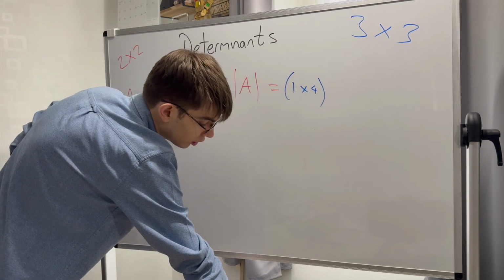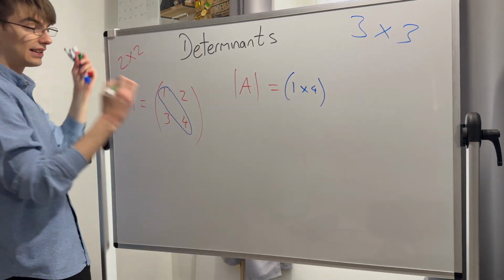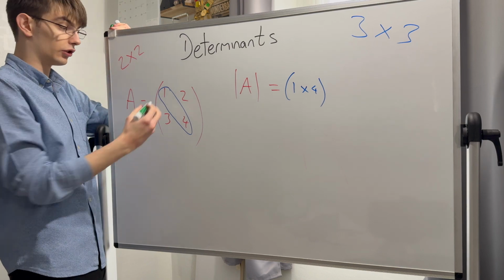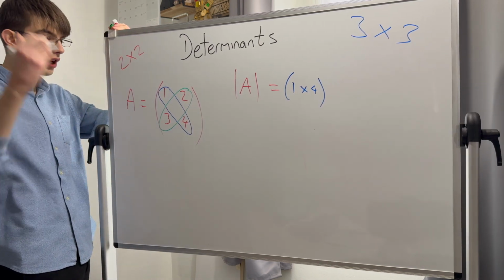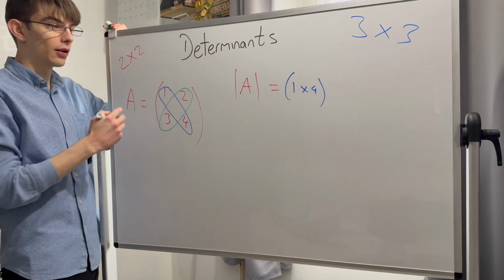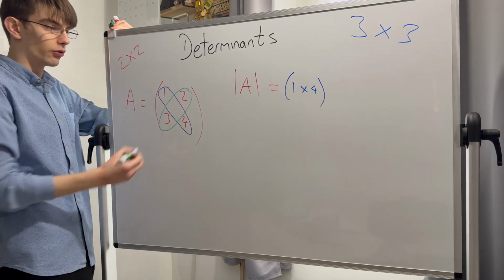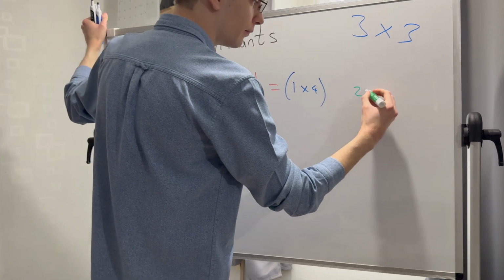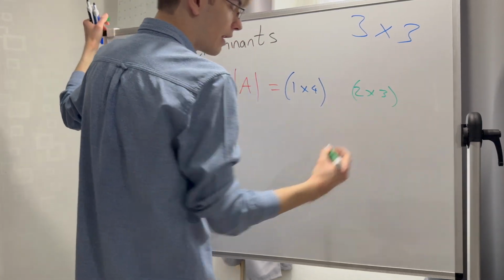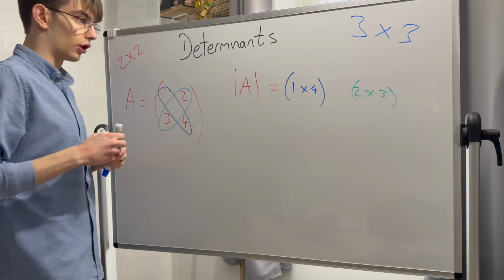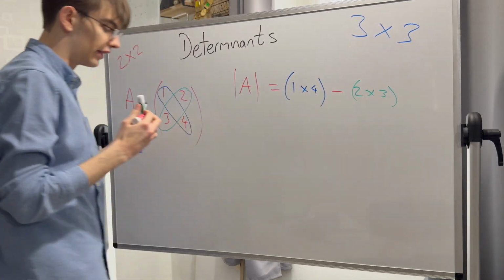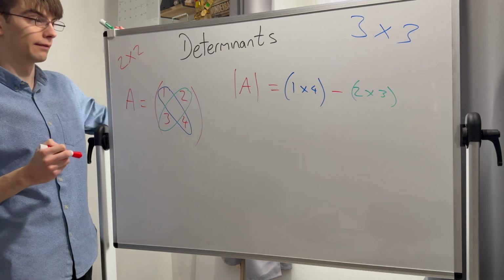Then I go to the second term in my top row, which is 2. I do the same thing: I draw a diagonal from 2 and multiply those together, so 2 times 3. Then I subtract these results from one another.